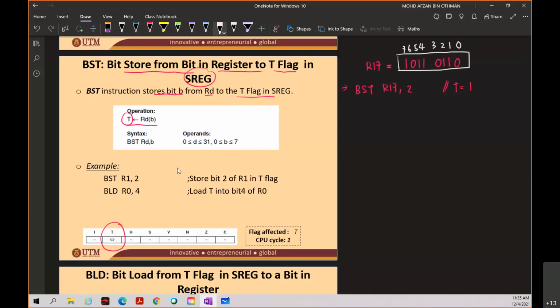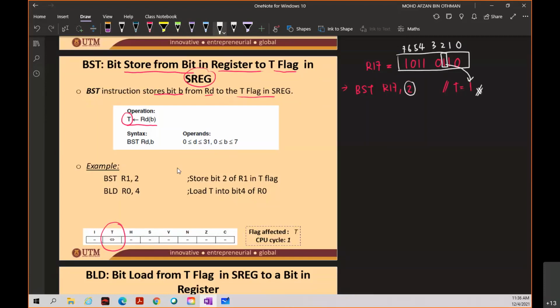What happened when you do BST R17, 2 is that you go to bit 2 inside of your R17, take the value, and put it to your T flag. So automatically your T flag is equal to 1.